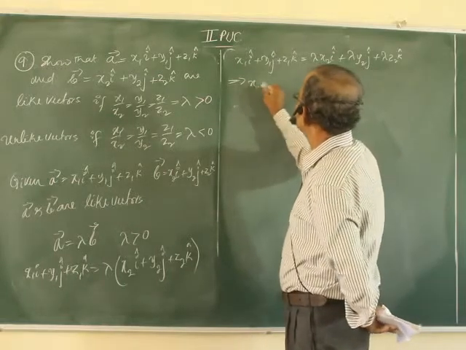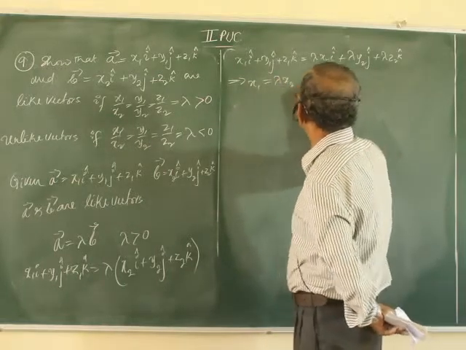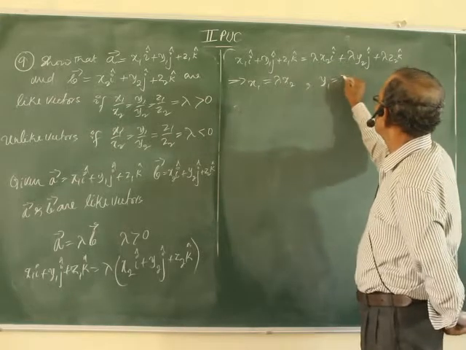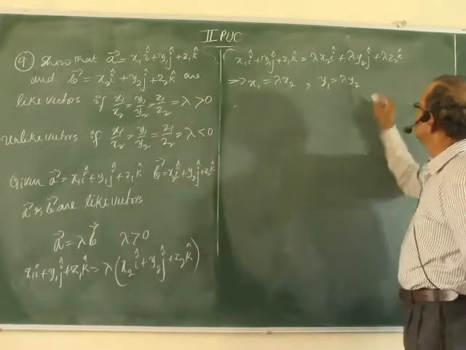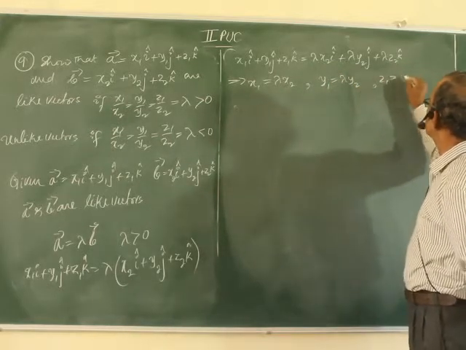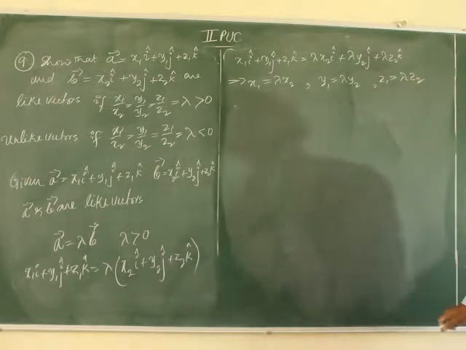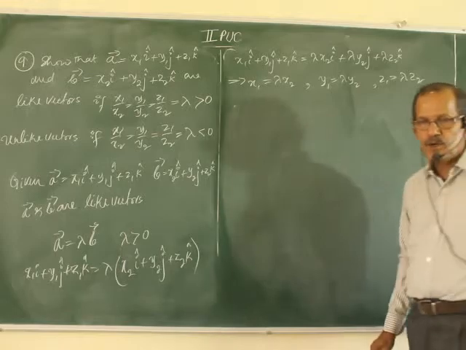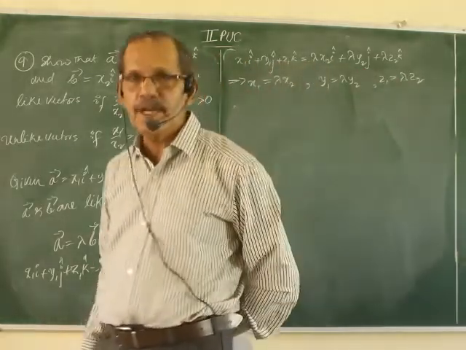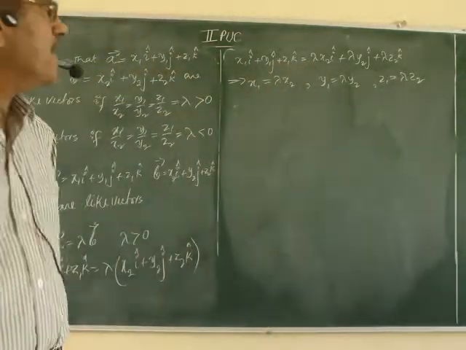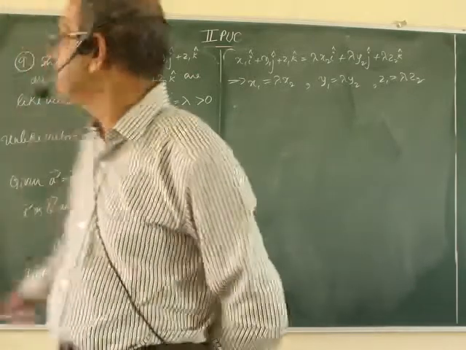This implies x1 equal to lambda x2, y1 equal to lambda y2, z1 equal to lambda z2, because coefficients of i, j, k are equal. Two vectors are equal if and only if the coefficients of i, j, k on both sides are equal.